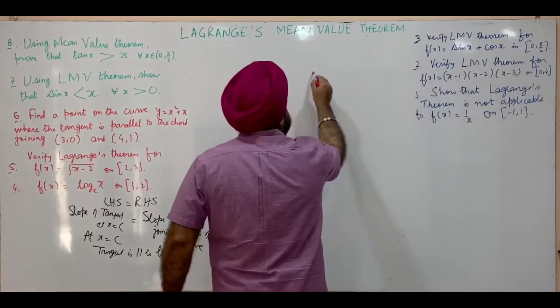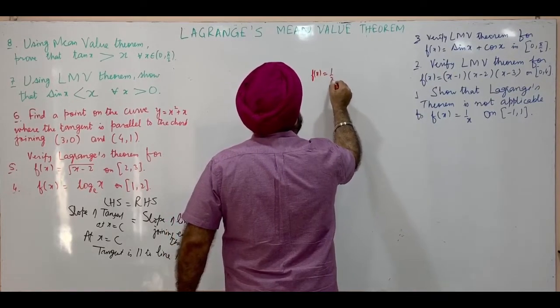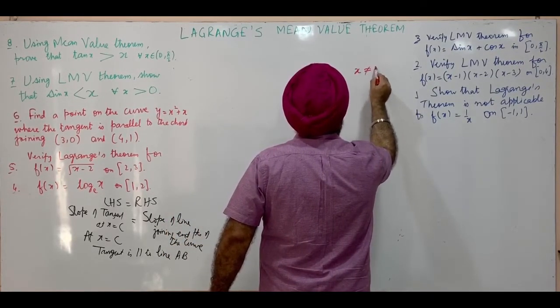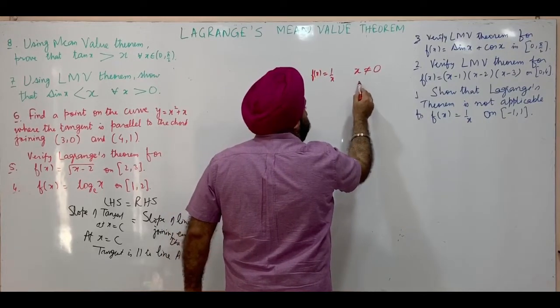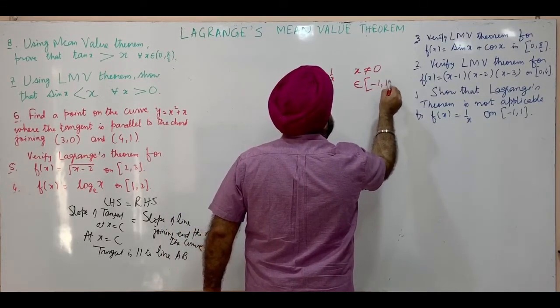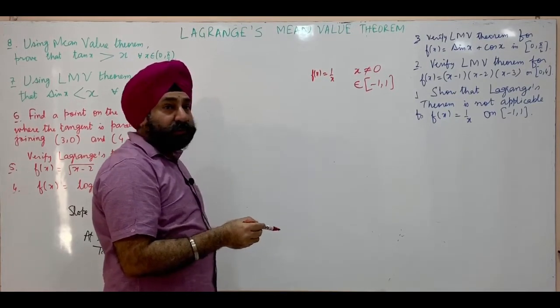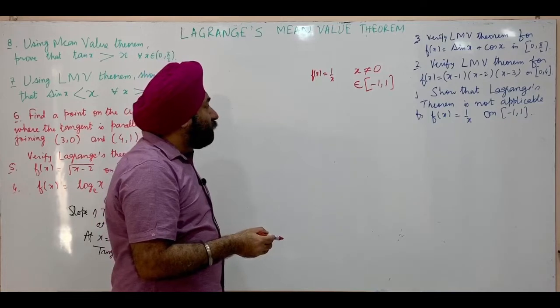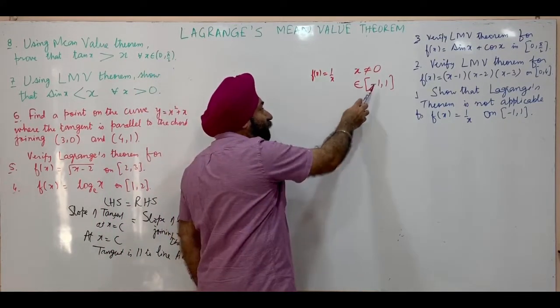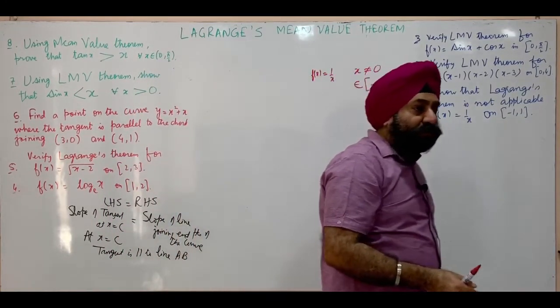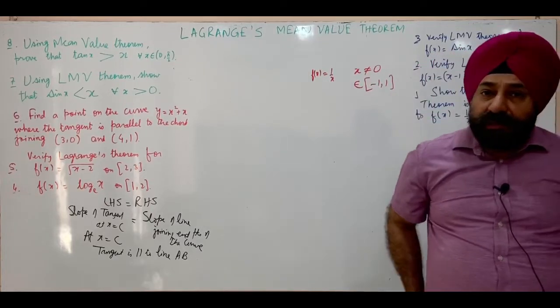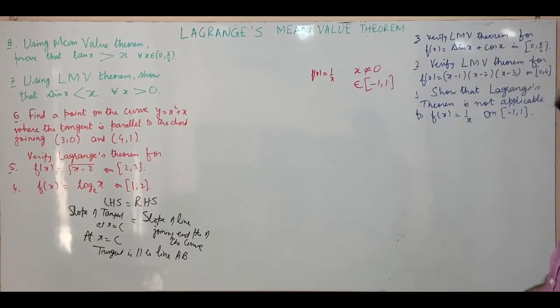So f of x here is 1 by x and x should not be equal to 0, and this point belongs to -1 to +1. Therefore we have a discontinuity at x is equal to 0. So this function is not continuous for this interval. That means the first condition of Lagrange's theorem is not being satisfied by the reciprocal function. Therefore Lagrange's theorem is not applicable to the function.